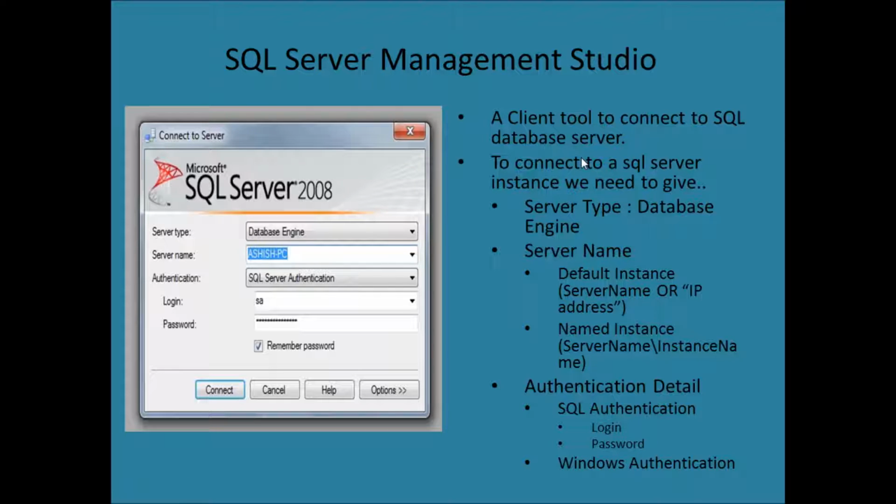In case we choose SQL Server authentication, we need to give the login and password created by the DBA for that particular user. Or if we choose Windows authentication, then it will automatically take user credentials from its Windows account. So we do not need to give any login password because we have already given it at the time of Windows login.